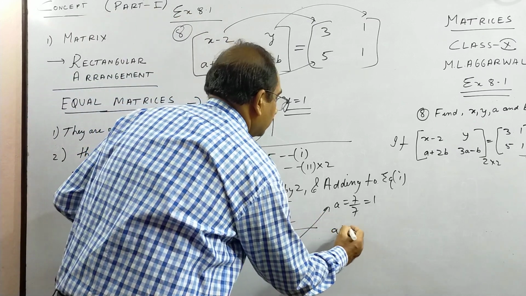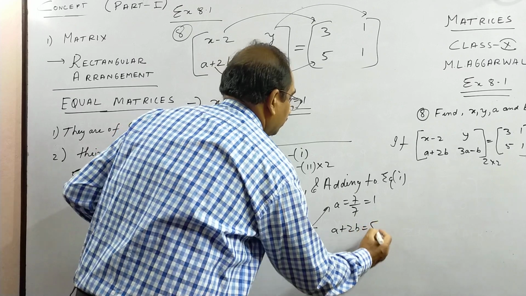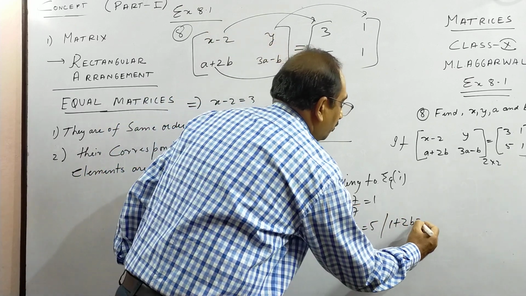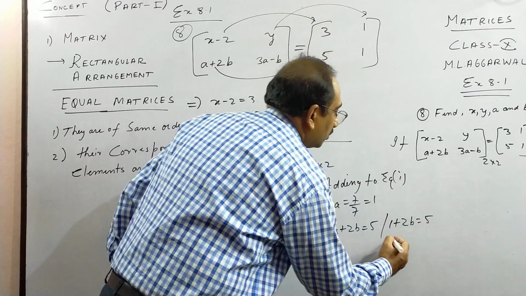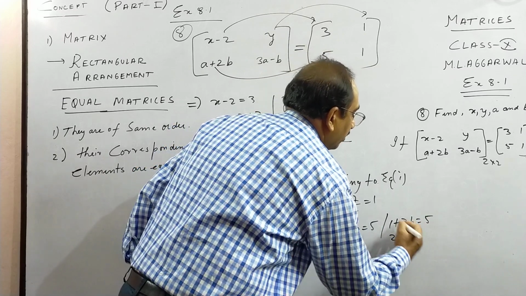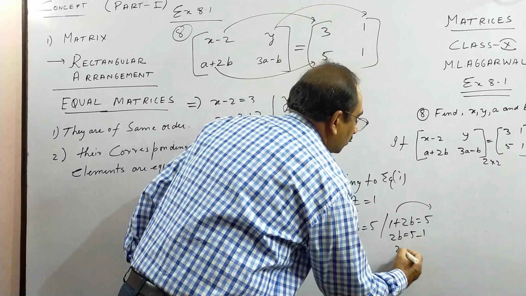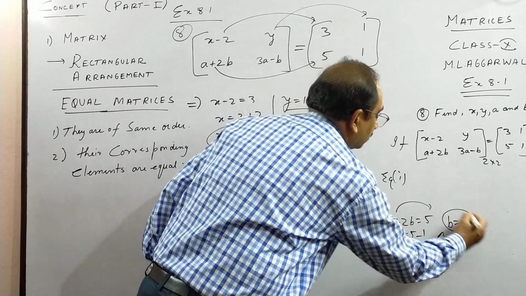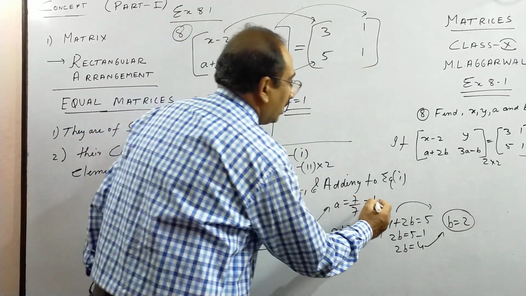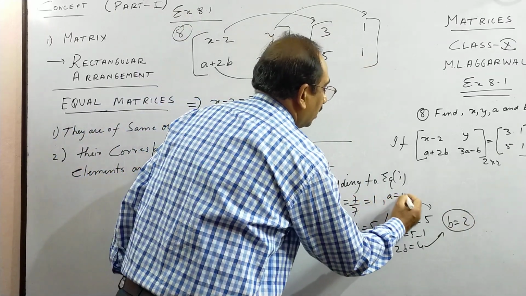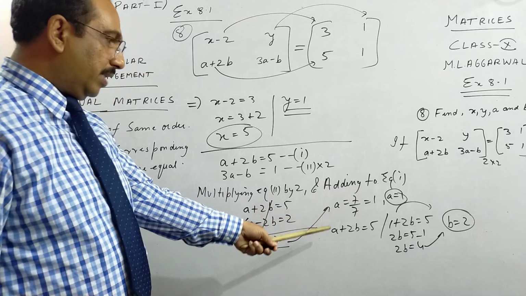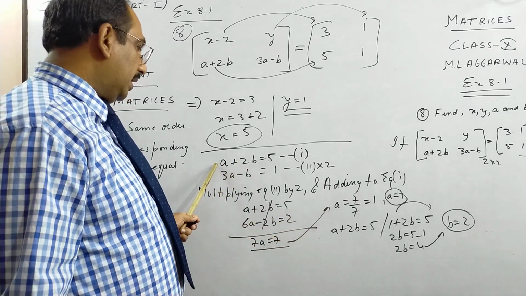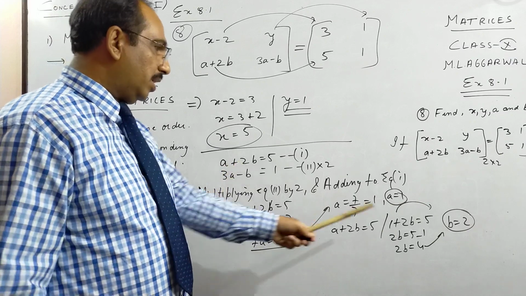So a plus 2b is 5. In place of a, write 1. So you get 2b is 5 minus 1. So 2b is 4. I get b as 2. And a we have already got as 1. So once more, a's value we put in any one equation and we get b's value as 2.